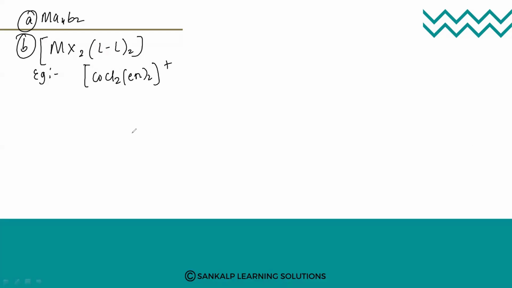So again, cobalt will be in the center. Then we are going to write cis and trans forms, right? So again, cobalt in the center. When the ethylene diamines are adjacent to each other, here one will come, here one will come, 6, right?